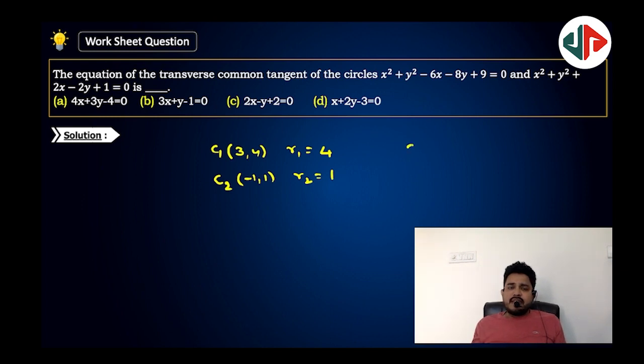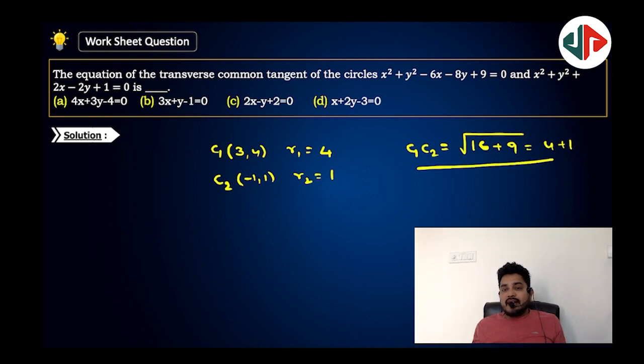So what is C1C2 actually? C1C2 is equal to the square root of 16 plus 9, which is equal to 4 plus 1. So they are touching circles, touching externally. So the radical axis will be the transverse common tangent.